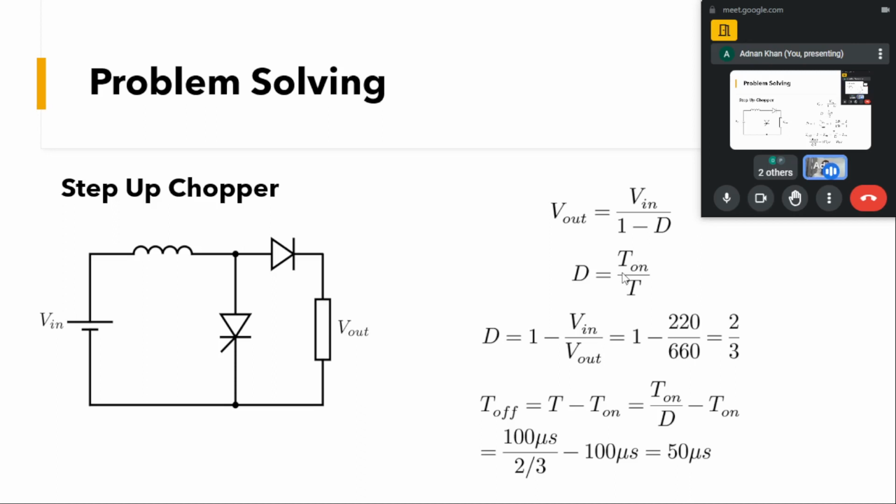Also, using the first equation, if we rearrange equation 1, you can see that D will be equal to 1 minus V in by V out. Correct up to this point?